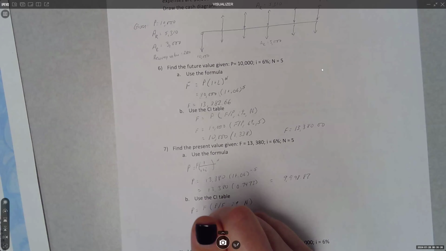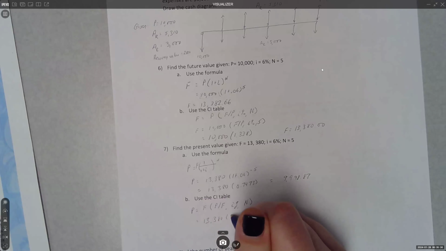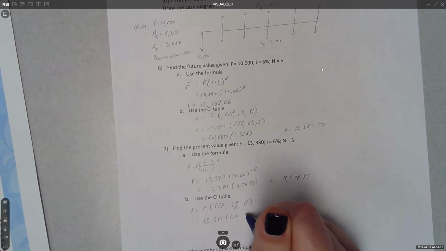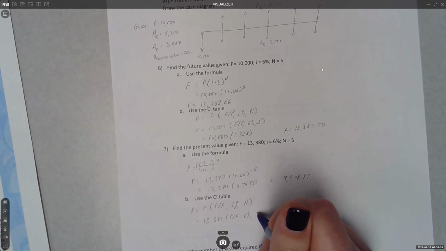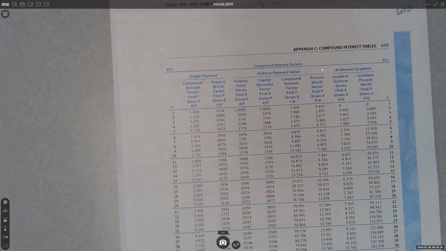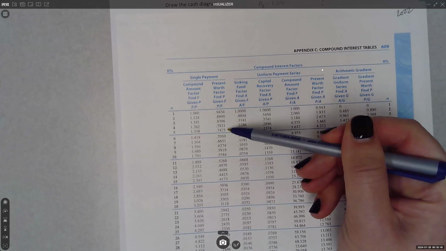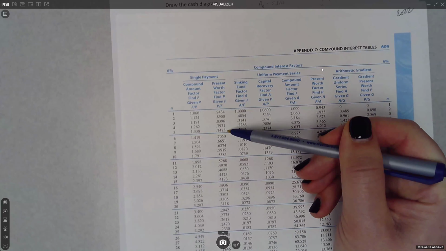And so I have 13,380 times the P given F factor at 6% for 5 years. So this time I'm looking in the second column, P given F factor, 5 years, and it's 0.7473.